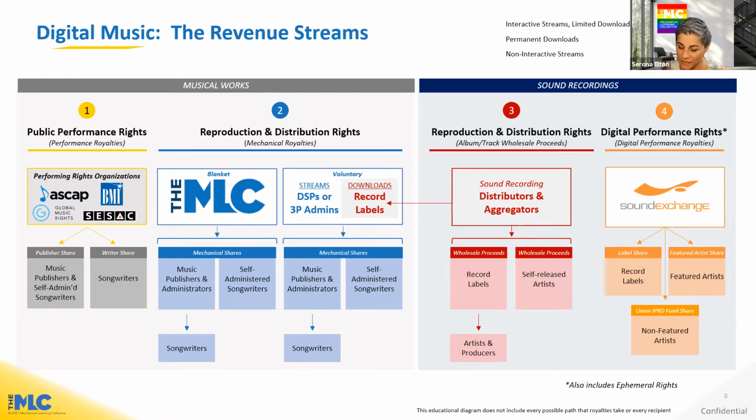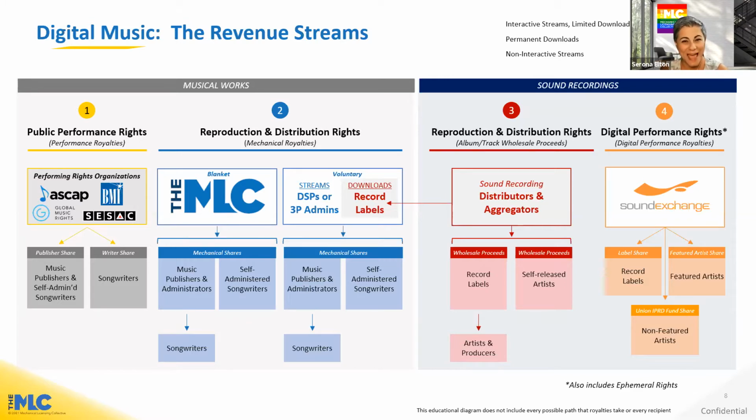On the left half of the screen, we're talking about money that flows for use of the musical work. On the right half of the screen, we're talking about money that flows from the use of the sound recording. With Spotify, for example, number 1 is public performance money. On your PRO statement, you should be seeing activity from Spotify.